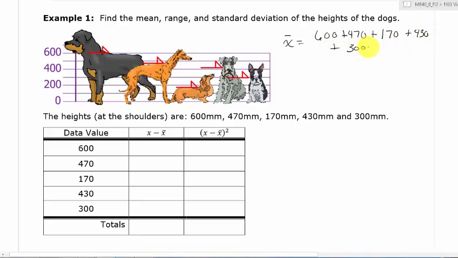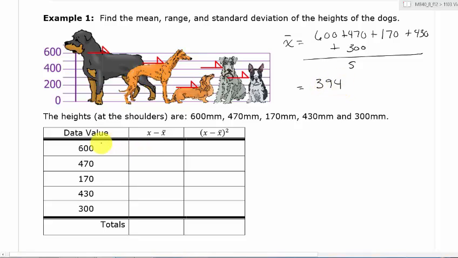Sorry, I ran out of room here. And then we have to divide that sum by 5, the number of data values that we have. So I'm just going to go ahead and compute that. So I get 394 for my mean.